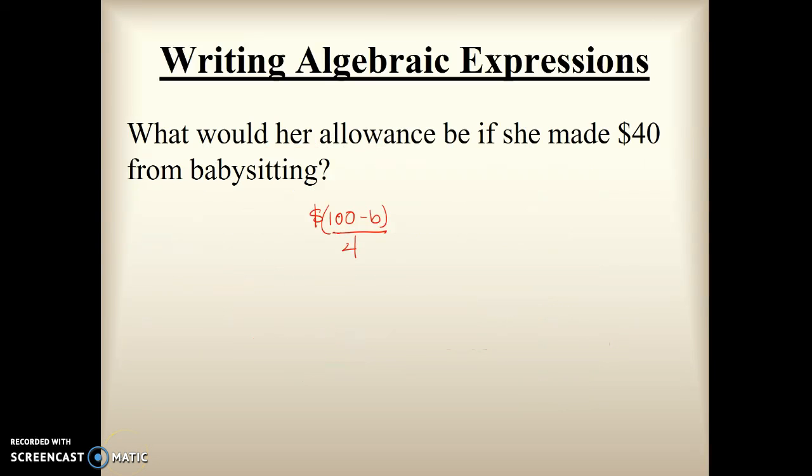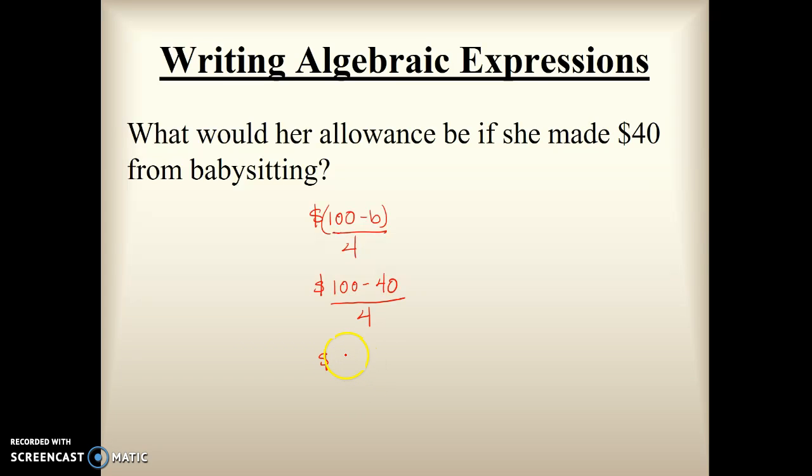All right, so we decided that Bella made $100, B of it was from babysitting, and the rest of it was from a weekly allowance. So we had written 100 minus B over 4. So there's our expression. Now we're going to substitute in $40 for B, because that's the amount she made from babysitting, and divide the rest by 4.